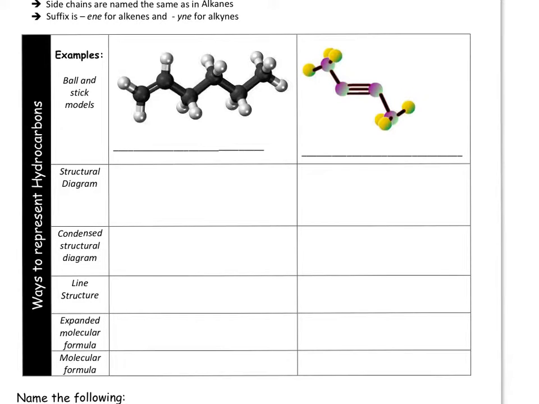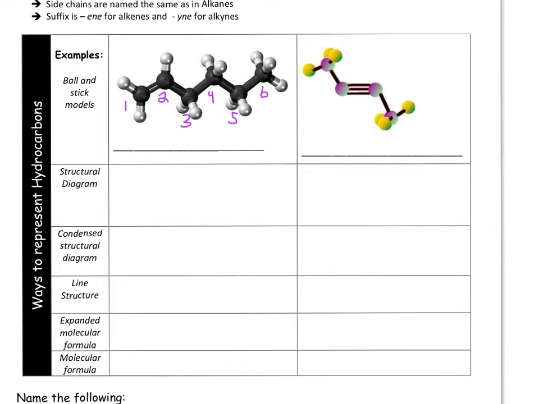So if we look at our first molecule here, we can see that we clearly have a double bond in our ball and stick molecule. And when we have a double bond, we have to indicate what carbon the double bond is located on. We don't have to indicate if it's both carbons, just the first carbon.